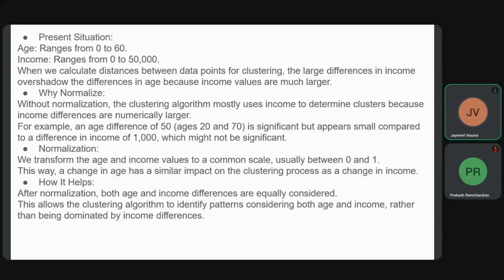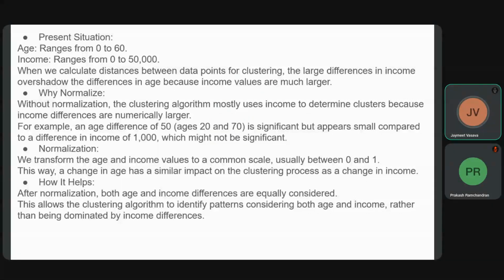For example, an age difference of 50 for ages 20 to 70 is significant but appears small compared to the difference in income of 1,000, which might not be significant in our case.